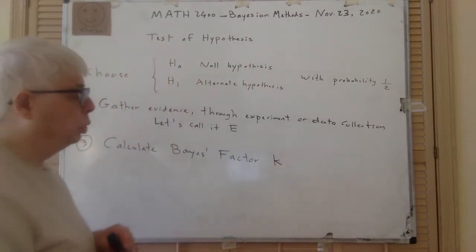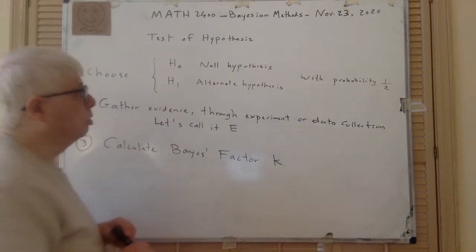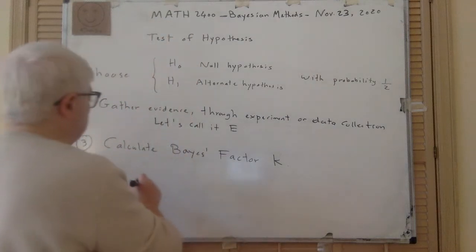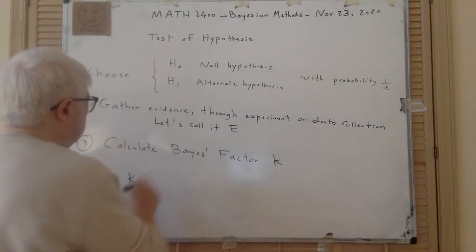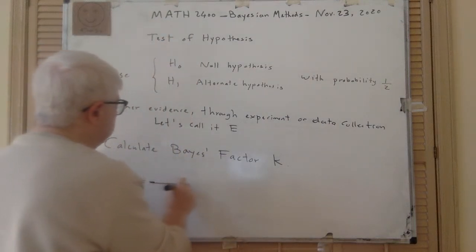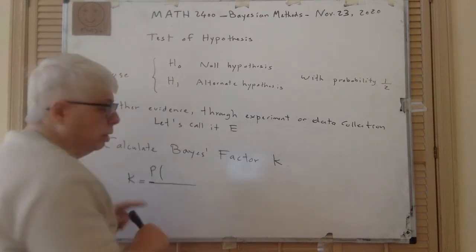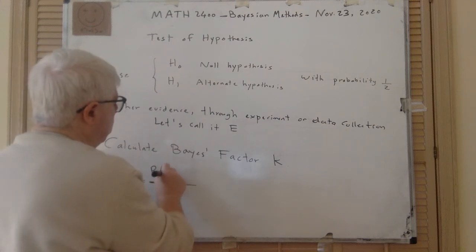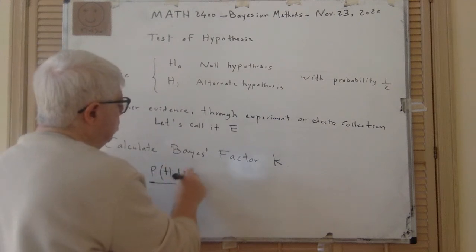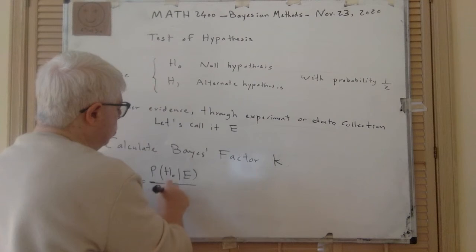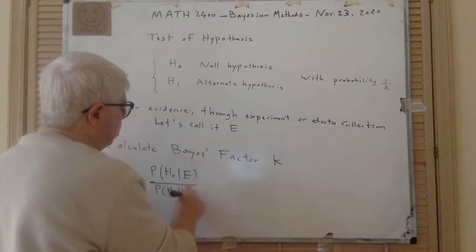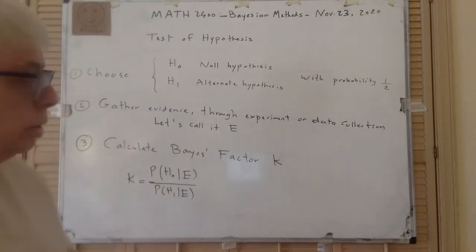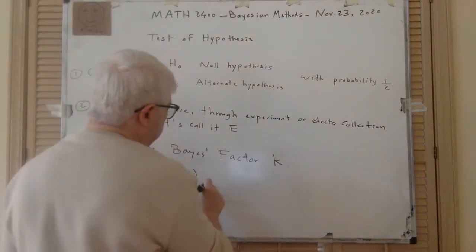This is what we do in the Bayesian method, Bayesian test of hypothesis, and this K is something which, to me at least, makes a lot of sense. That's the probability of H0 happening given the evidence divided by the probability that H1 happens given the evidence, right?